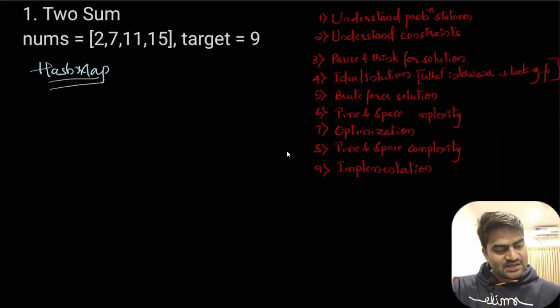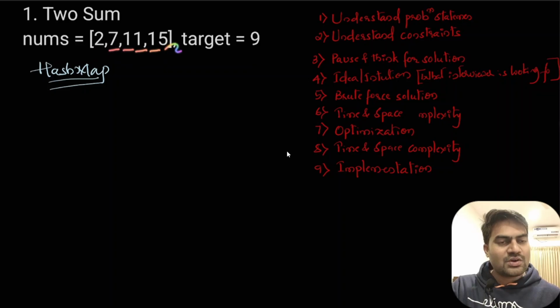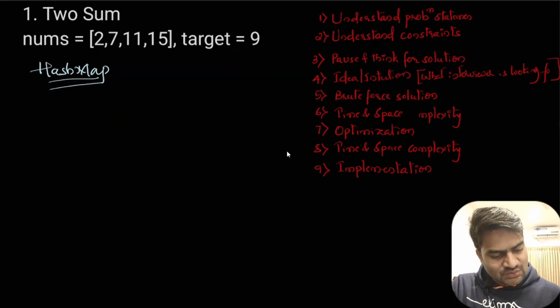In this case, I will put a reference point and then iterate over all the elements. I will sum them up and see whether it gives us this particular target. Let's do that.